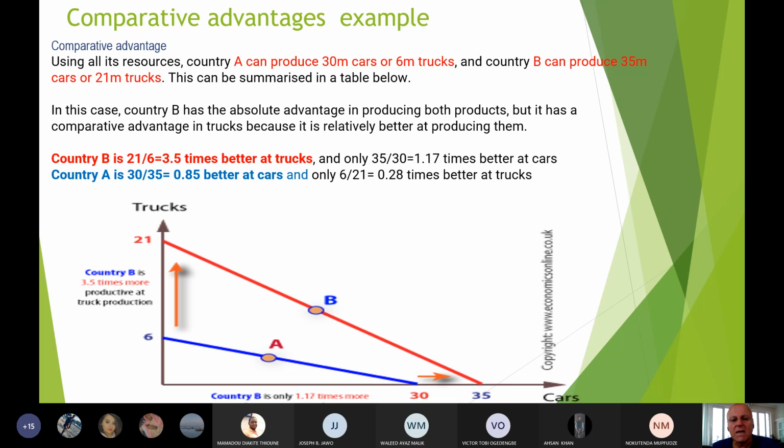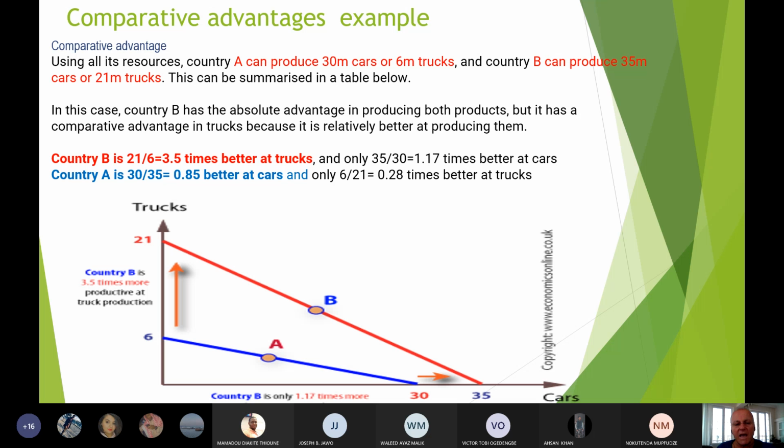And when you are looking at the cars, you are dividing each product by each other. Then 35 divided by 30 makes 1.17, which means it is better off to produce in B only slightly more than the cars production. Therefore, country B will become a trade partner, because the relative cost advantage here is higher compared to the cars production.